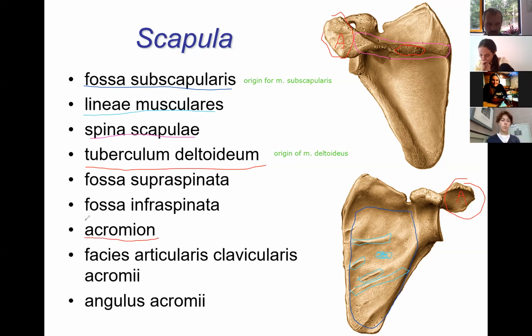In acromion, you may hear the word acros, which means at the end of the body. And what is here? Also origin of deltoid muscle.